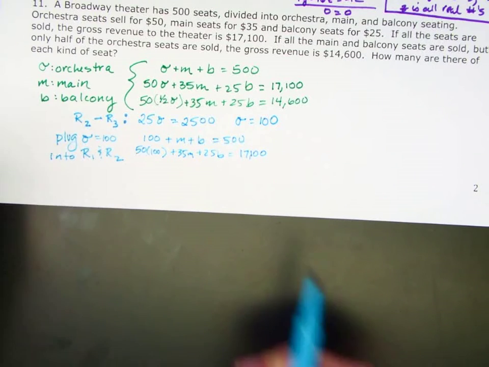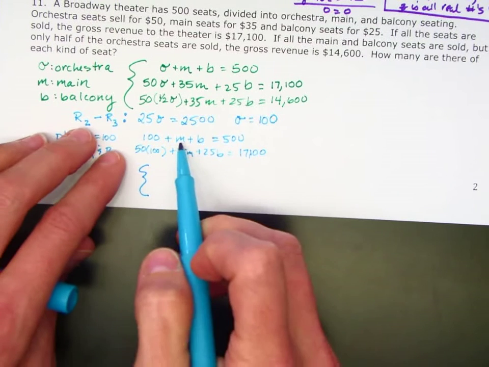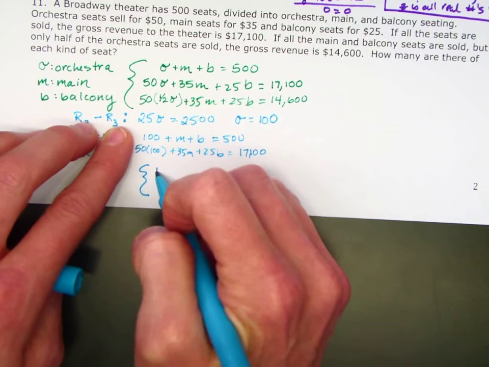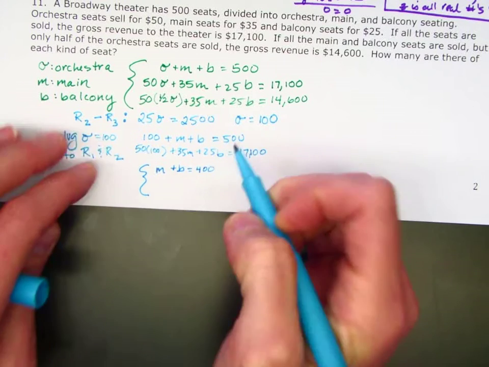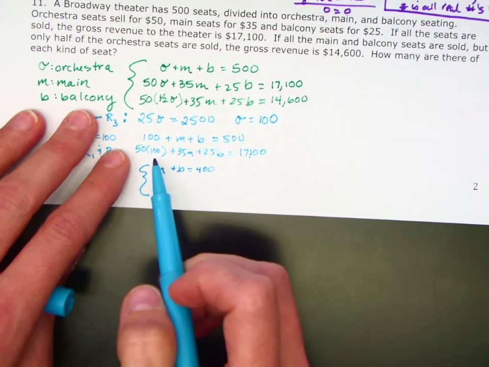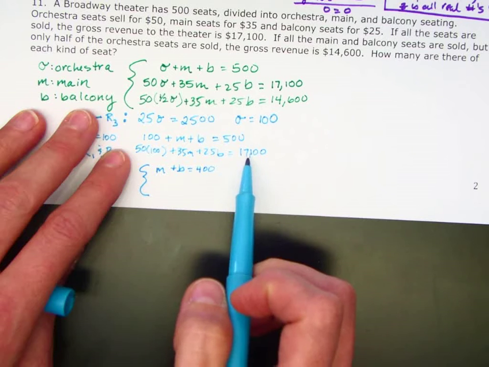And then I'm going to simplify, and then I'll have my system. So here, I'm going to subtract 100 from both sides. So I get M plus B equals 400. 50 times 100 is 5,000. So I just need to subtract.